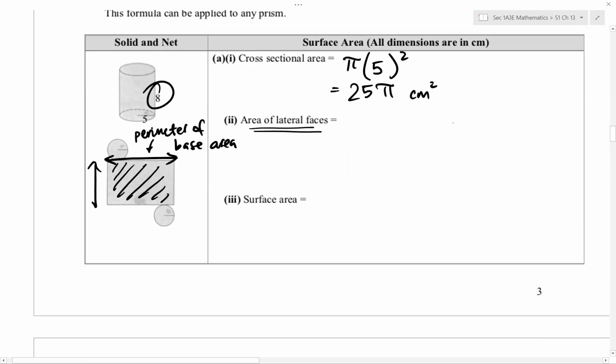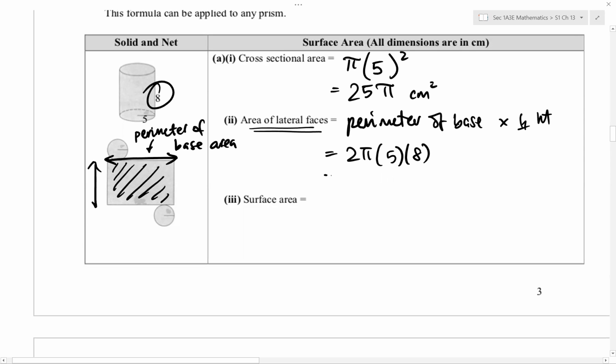So the area will be perimeter of base times perpendicular height. So what does this look like? 2 pi r times the height, which is 8. So we get 80 pi square centimeters. So the total surface area, we've got 2 of the circles, 2 of them.